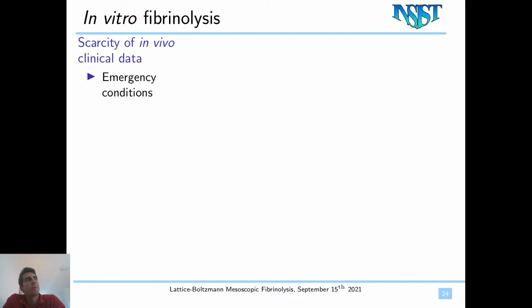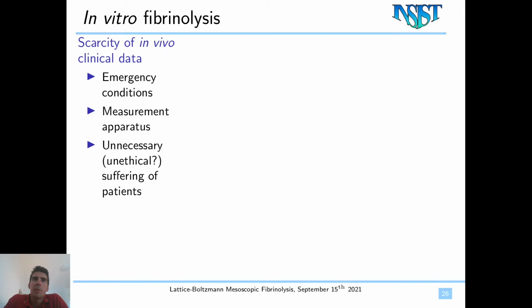First of all, because the patients arriving at the hospital need to be treated as fast as possible, and there is no time to take measurements that are unnecessary for the emergency treatment. Also because it is unlikely to have at ready the measurement apparatus, for example, to measure the blood pressure before and after the thrombus in the patient, or to measure the permeabilities of the clots, or even to characterize precisely the composition of the thrombus.